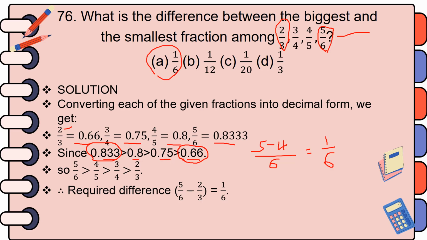So the difference between the biggest and the smallest fraction among the fractions listed here is 1 over 6.